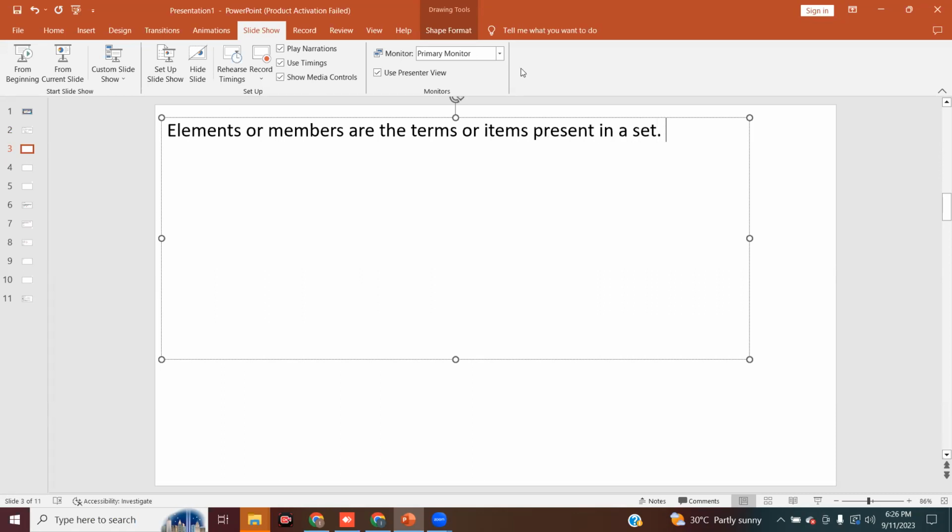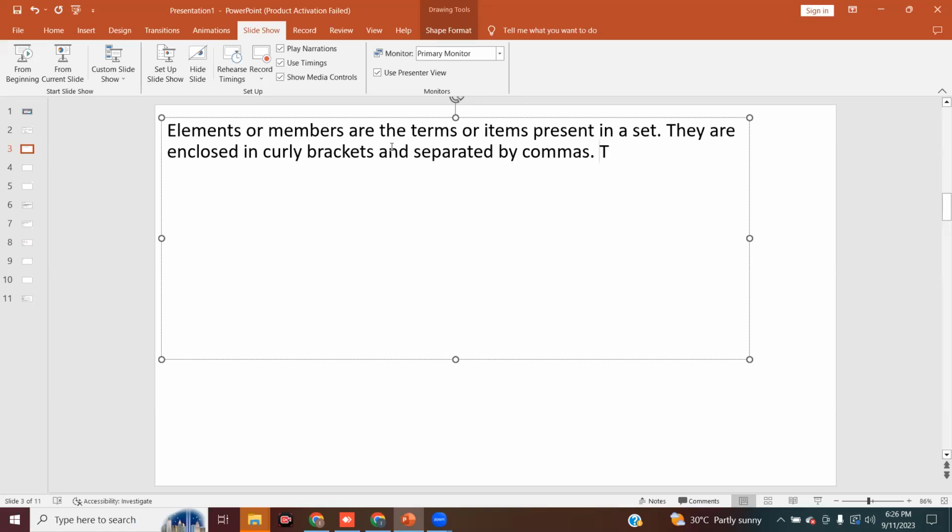We call them elements or members. They are enclosed. What do we enclose them with? Curly brackets. And separated. What do we use to separate them? Commas. Okay, so we enclose them with curly brackets and we separate them with commas.